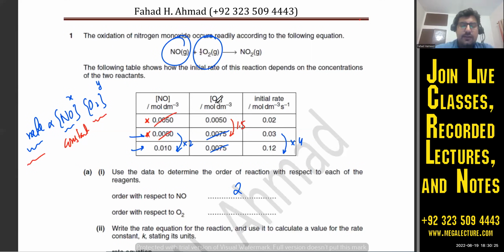So the concentration of O2 increases 1.5 times. The rate of the reaction also increases 1.5 times. So the 3 divided by 2, that is 1.5 times. So uska matlab it's directly proportional. Like if it increases 1.5 times, the rate also increases 1.5 times. So that's obviously order 1.